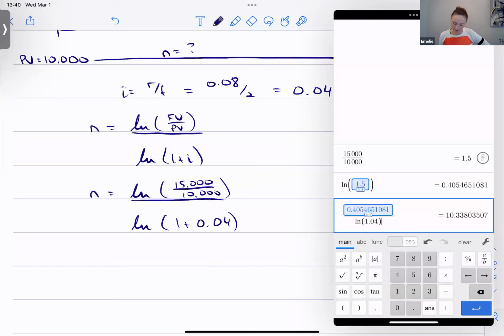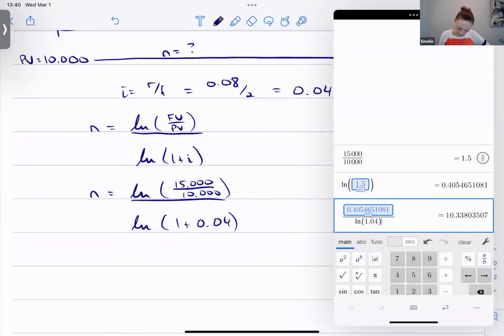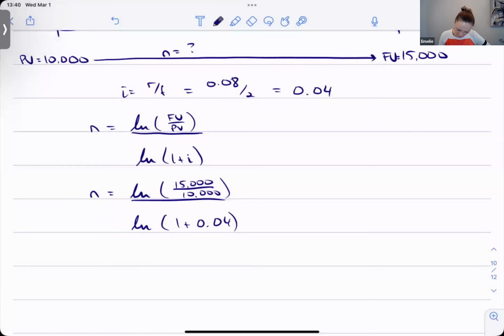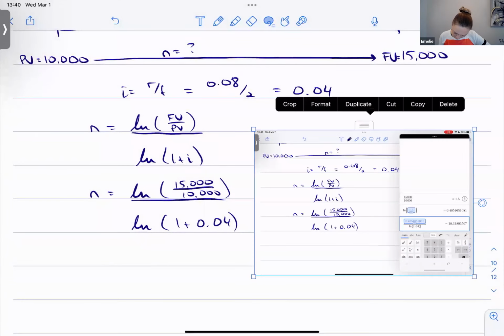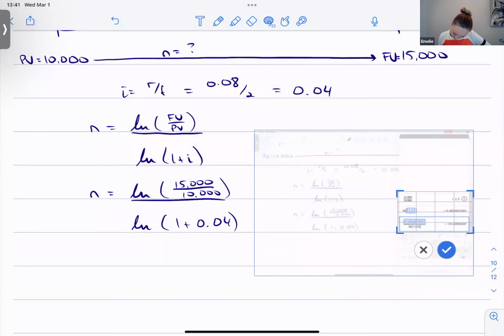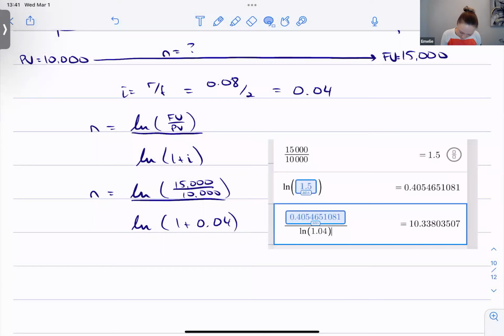Close the bracket. So n is going to be 10.338 compoundings.